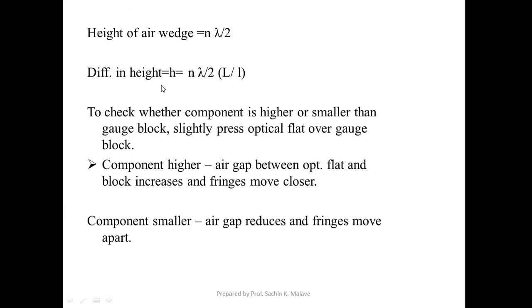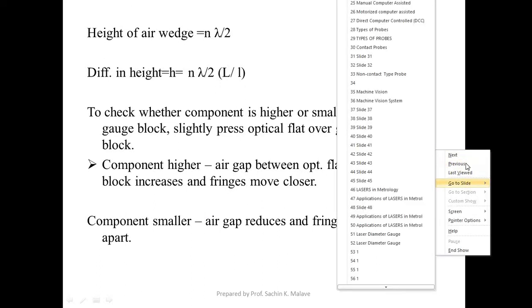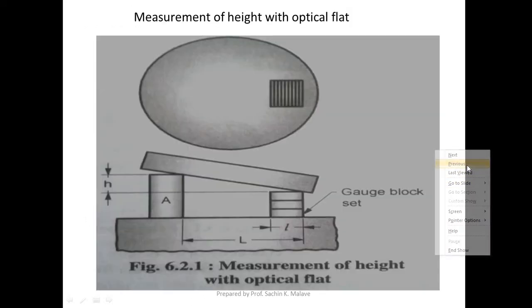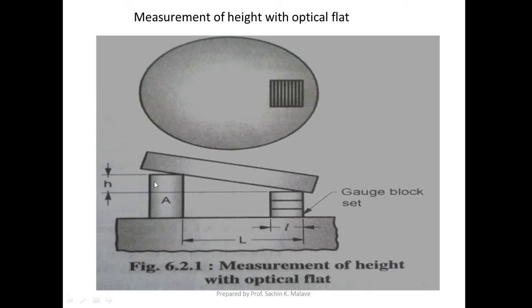Now the next thing to be checked is whether this component is higher or the gauge block set is higher. That can be easily found out by one test. What we have to do is just press this optical flat with the fingers.